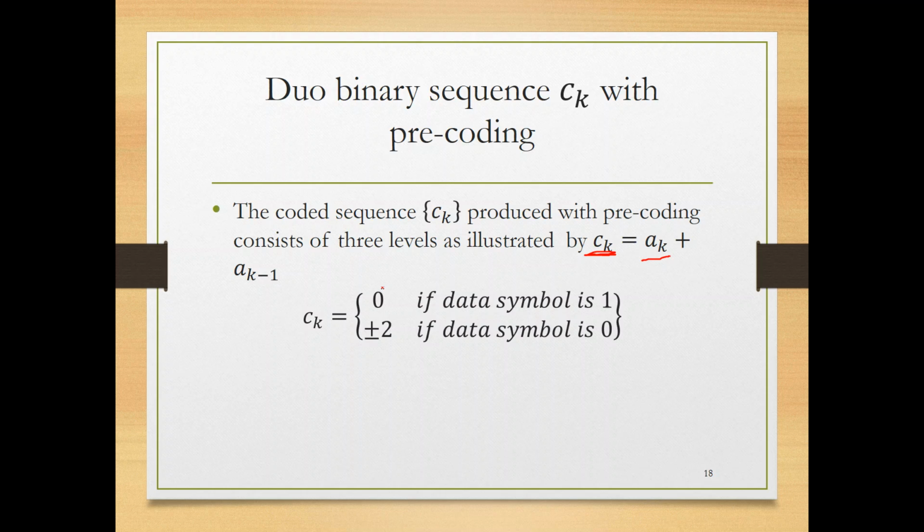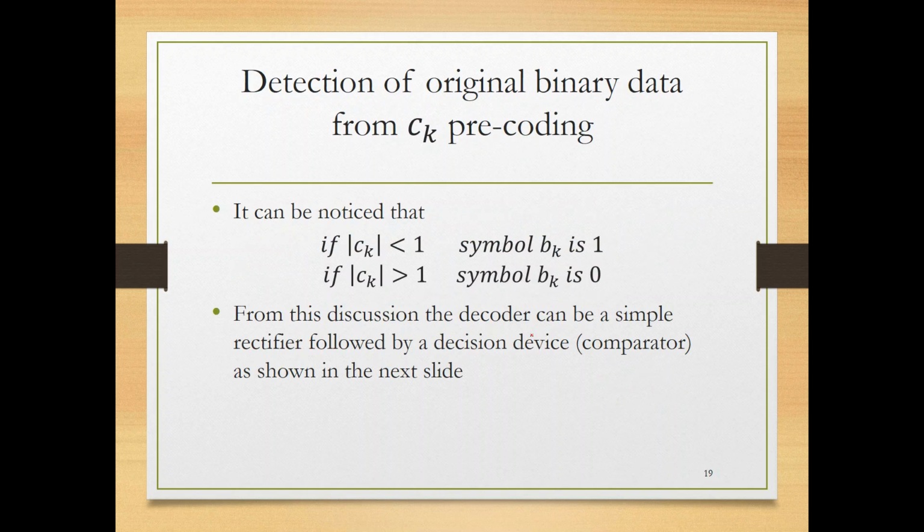Due to this superposition property, we call it artificial intersymbol interference, because they are overlapping on top of each other, as if you have this signal and another signal added on top of it. This is full overlap interference. So the result at the end of the day is 0 if the data symbol is 1, and it's plus or minus 2 if the data symbol is 0. You can check this by giving different values for AK, and you will find out that CK can only take 0, minus 2, or plus 2.